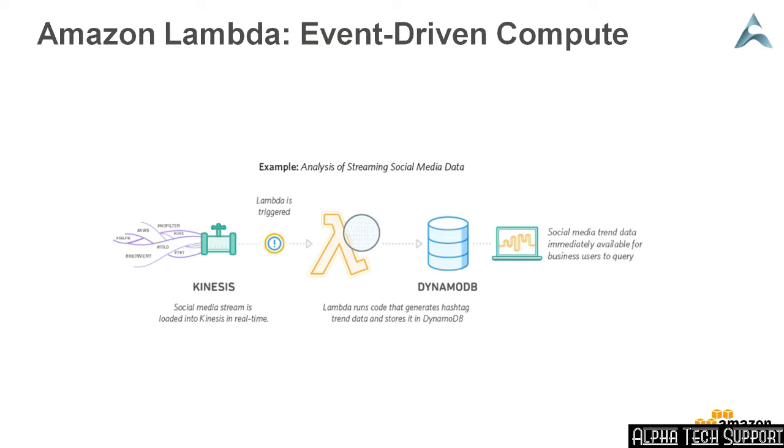The social media trend data is immediately available to the business under query. When it is stored in the DynamoDB, you can make queries, build a complex solution and analyze the trends very easily, very swiftly, and it has a very large scaling capability, so you do not need to fear scaling. So that's for now.